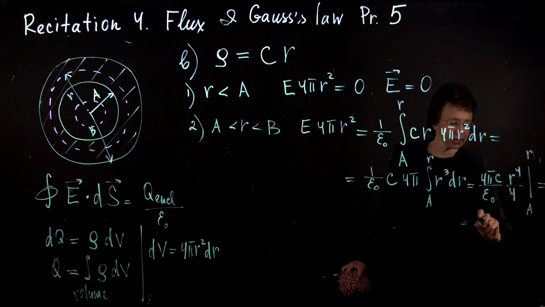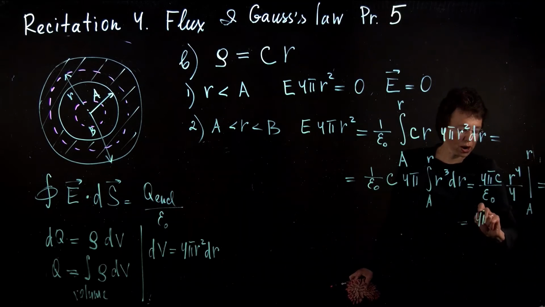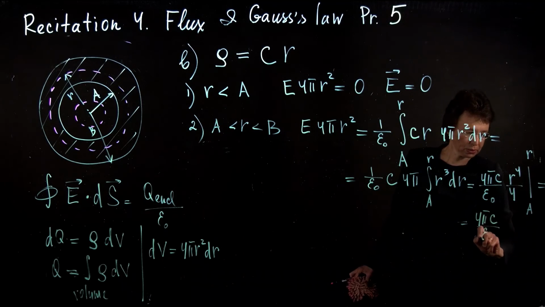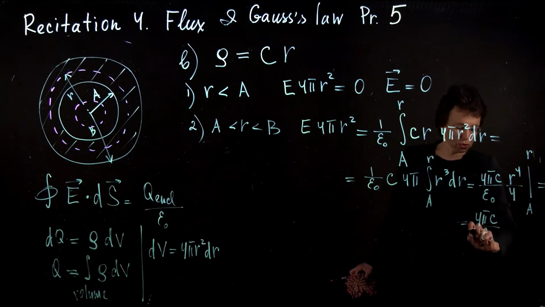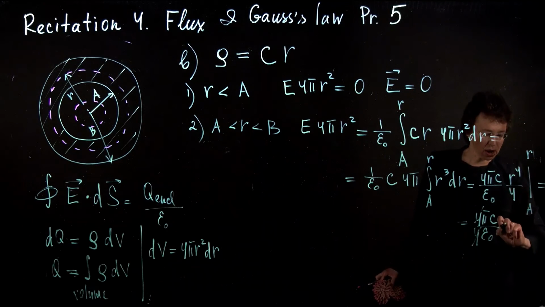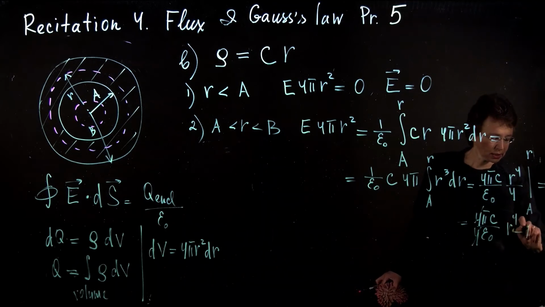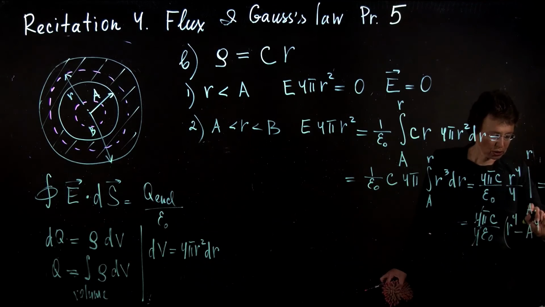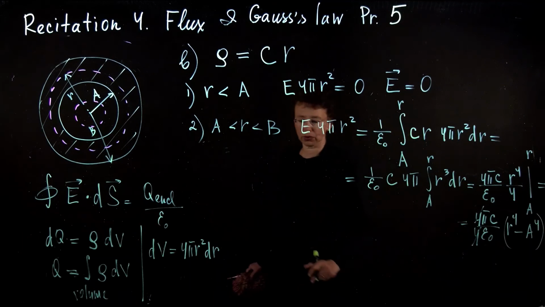And when I plug in the limits, we will get 4 pi C over epsilon naught. 4 and 4 cancel out. And then I have r to the 4th minus a to the 4th.